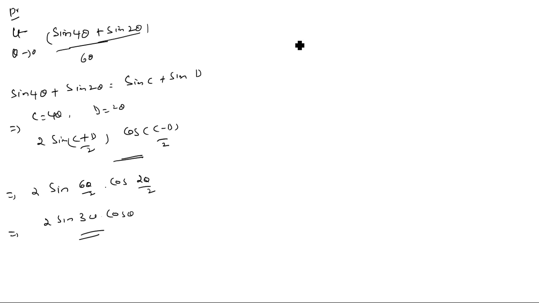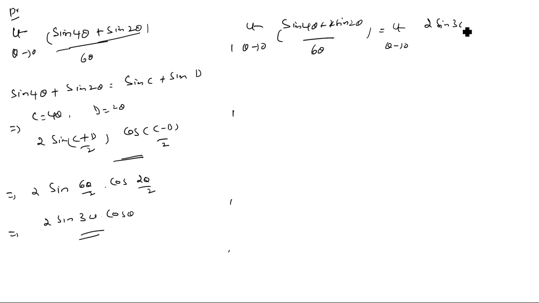So therefore, limit theta tends to 0 of sin 4 theta plus sin 2 theta by 6 theta can be written as limit theta tends to 0 of 2 sin 3 theta into cos theta by 6 theta. 2 one's are 2, 2 threes are 6. So it can be written as limit theta tends to 0 sin 3 theta by 3 theta into cos theta.